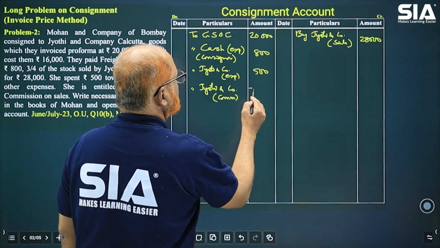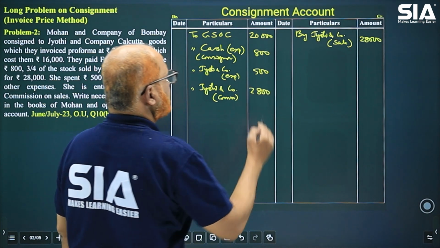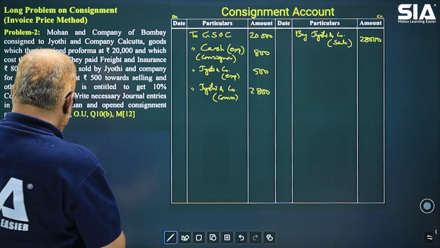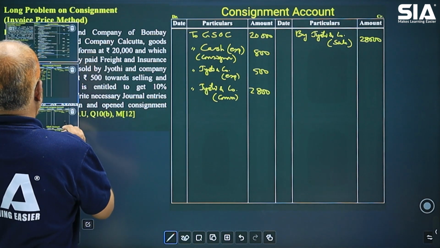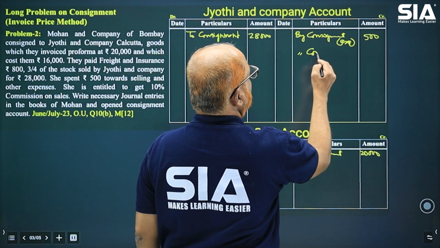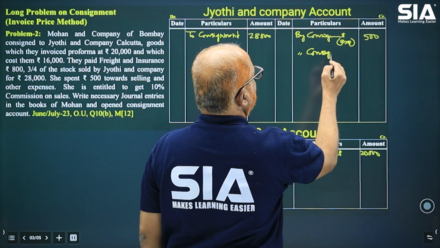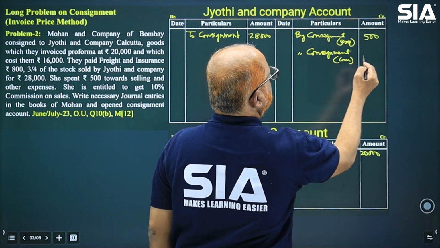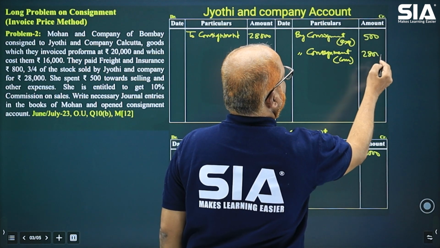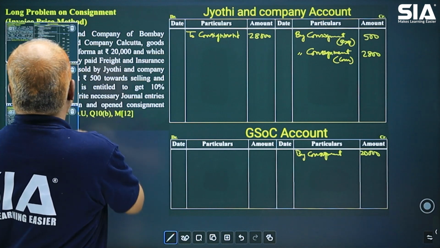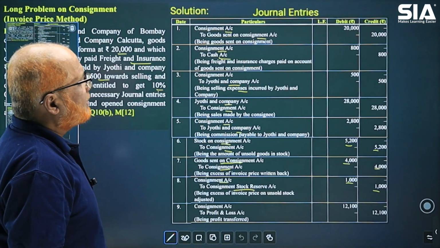How much commission? 2,800. Consignment account is debited. Jyoti and Company should be credited. So Jyoti and Company account credit side by consignment commission, that is 2,800. We have posted the entry for commission also.